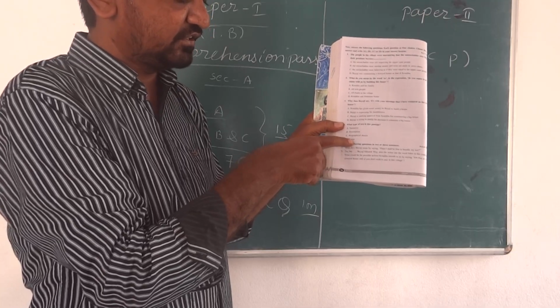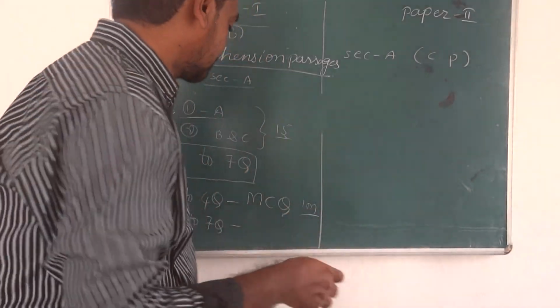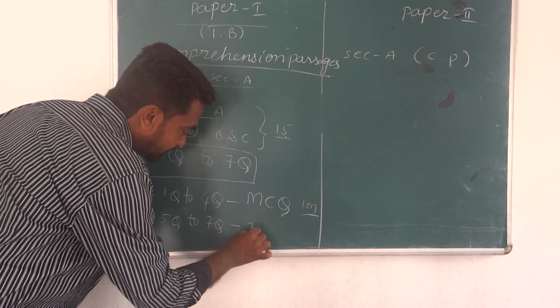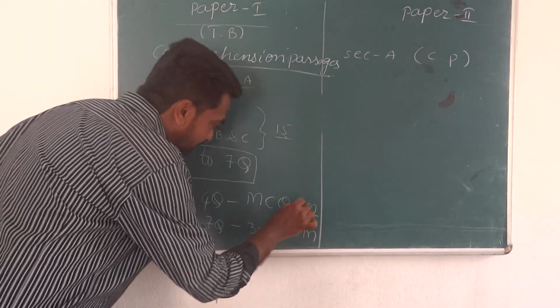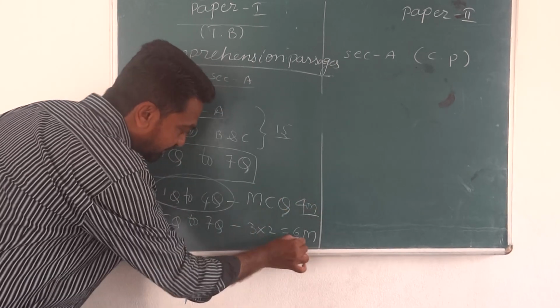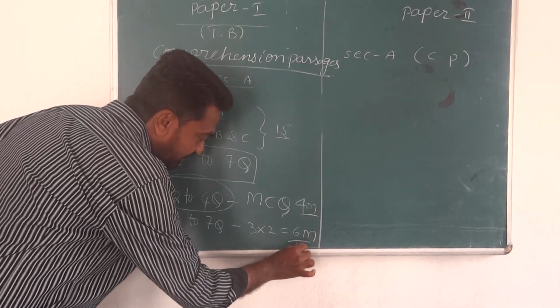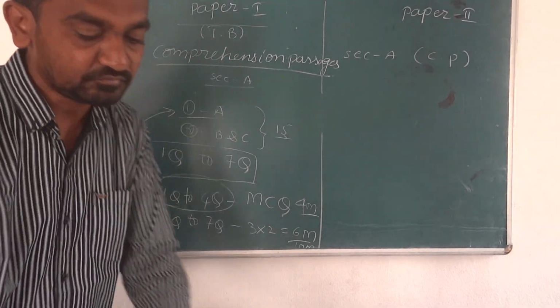Each question carries 2 marks. 3 twos are 6 marks. Questions 1 to 4 are 4 marks, and this is 6 marks. Total 10 marks for the passage. Okay, you got it?